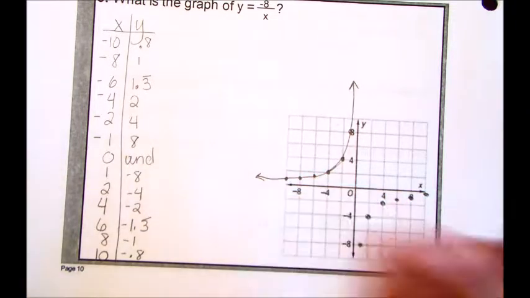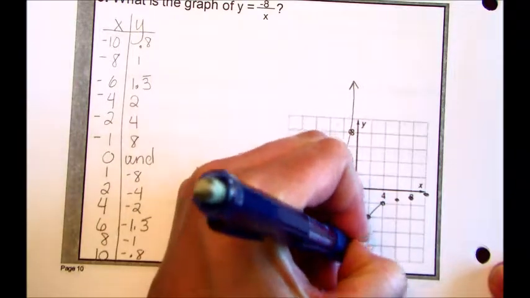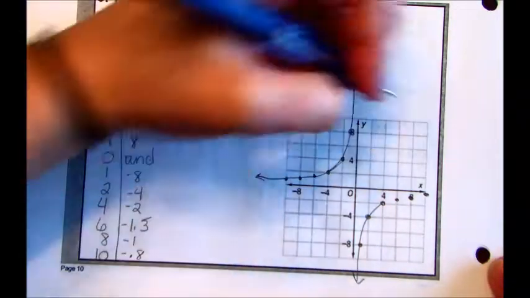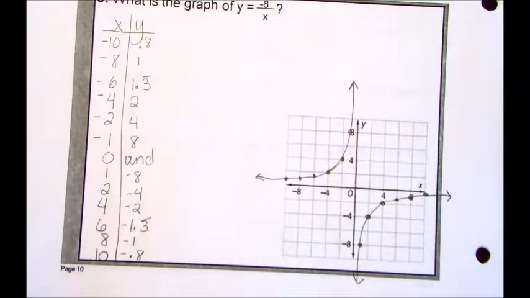And you can see the exact same inverse shape happening on the other side. Definitely not a straight line. There you go. And this is how all inverse functions will look like. You just had to make sure you pick the right x's to plug in.